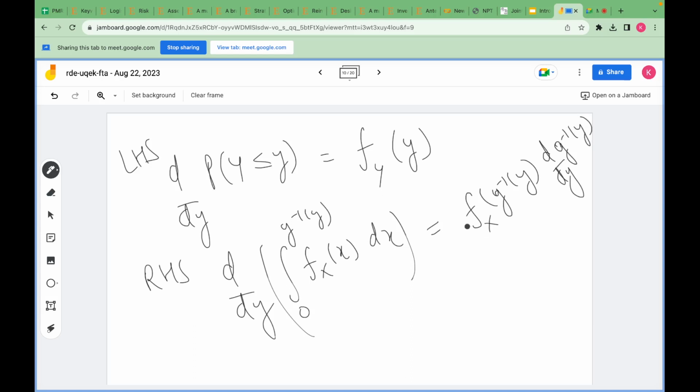So this is proved that f_Y is equal to f_X of g inverse y into d g inverse y upon dy.